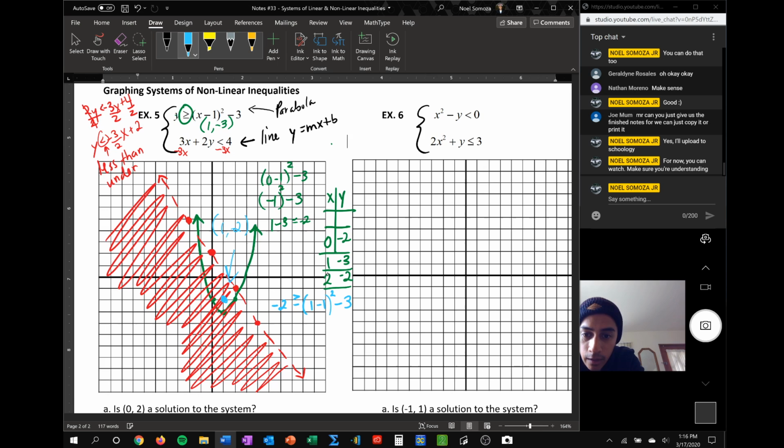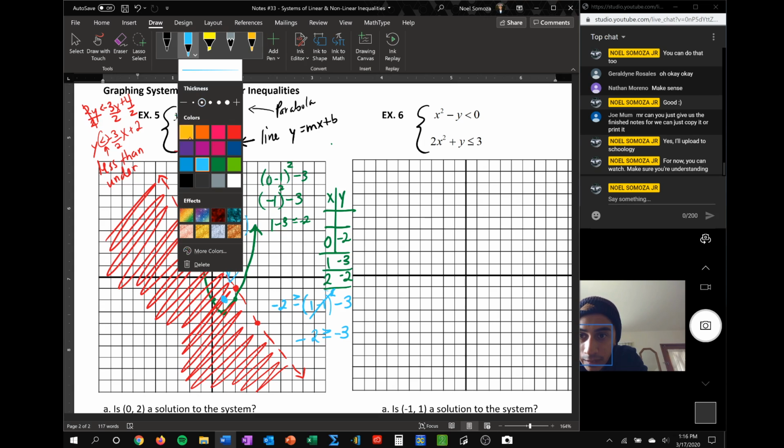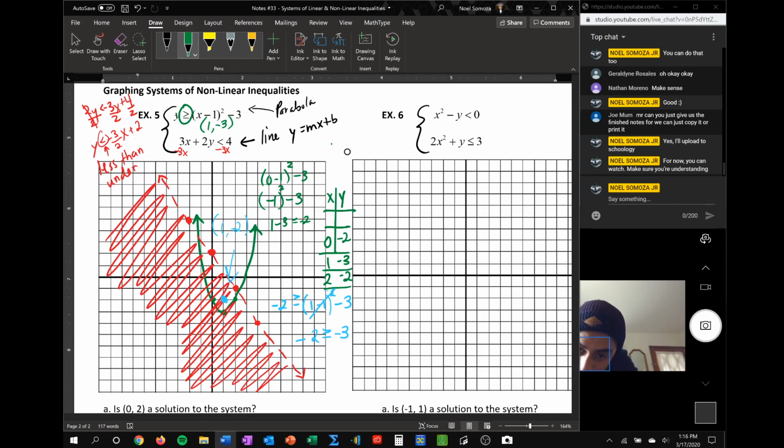Simplify here, that's going to be 0, right? 0 squared is still 0, so this all goes away. Ultimately you end up with negative 2 is greater than or equal to negative 3. Basically, is negative 2 bigger than negative 3? Yes, negative 2 is greater, because it's a less negative number. That means you get to shade everything in green that is inside of the green parabola. So that represents all of this.